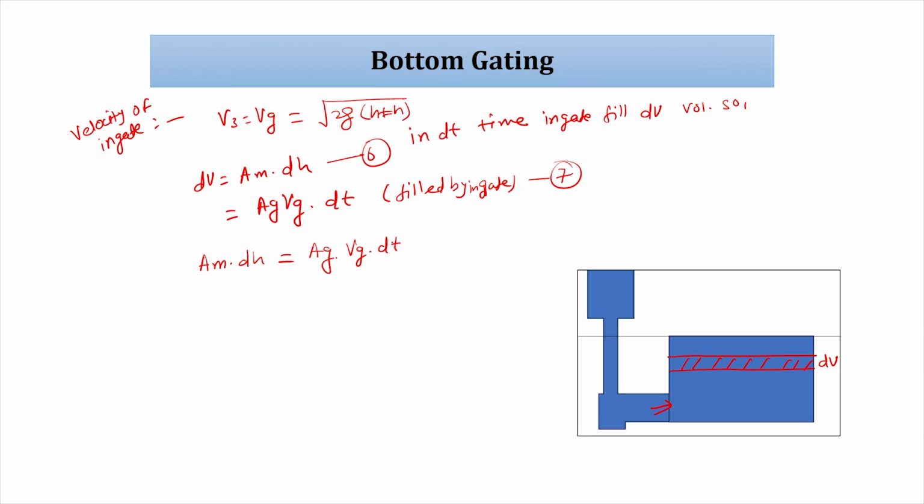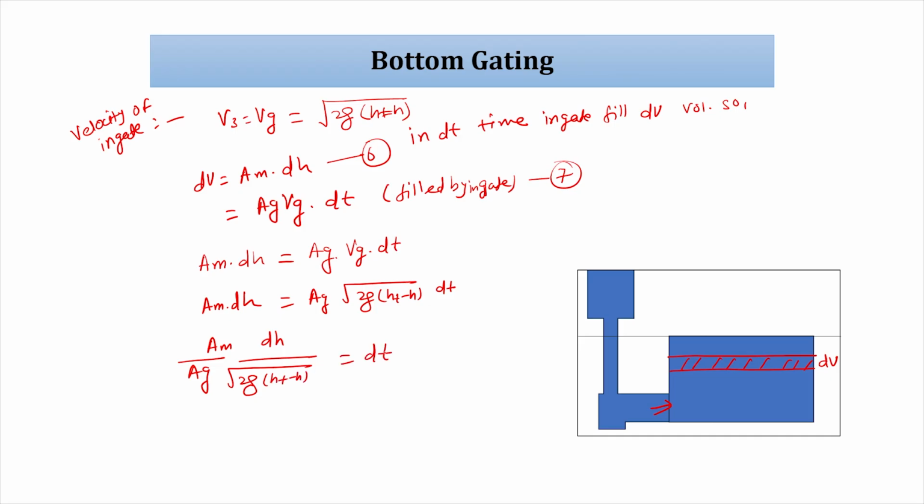We can write what is Vg? Ag root 2g Ht minus H into dt equal to Am dH. Okay. Am dH divided by Ag root 2g Ht minus H equal to dt.